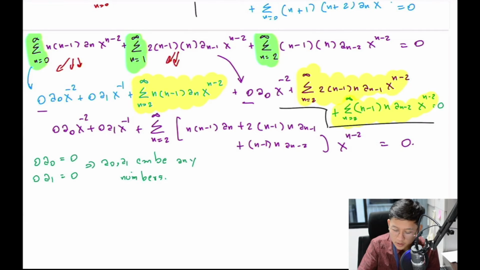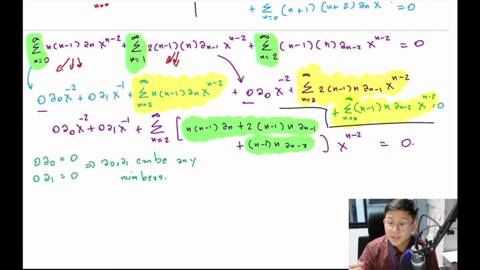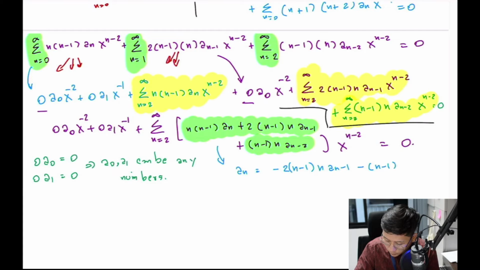And then of course here it will give us a recurrence relation, right? So from this one I can write down a n equals minus 2 n minus 1 n a n minus 1 minus n minus 1 n a n minus 2, divided by n minus 1.